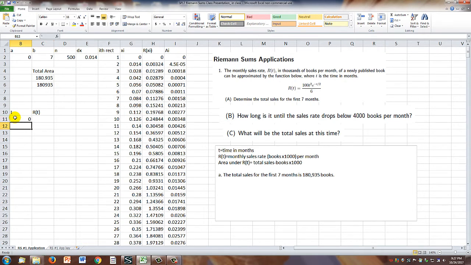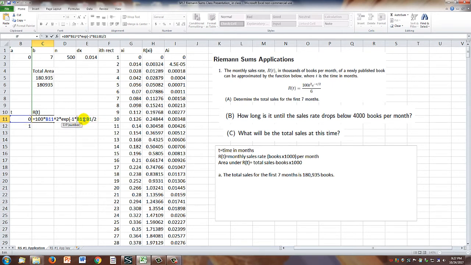So let's look at the 12 months, and we'll type this function again. So 100 times T squared times exp to the -1 times T divided by 2.